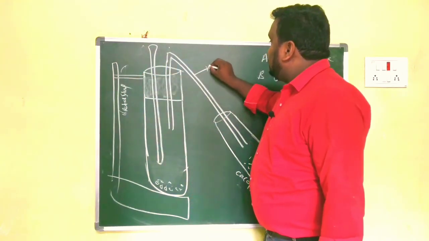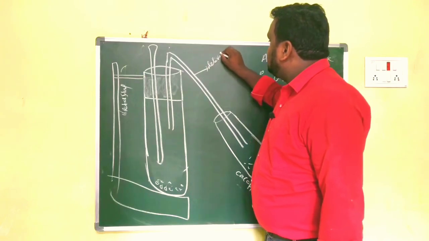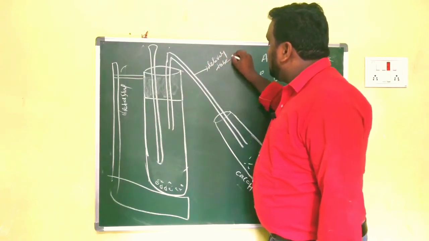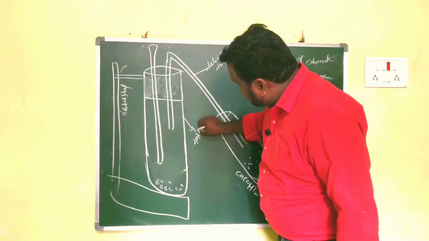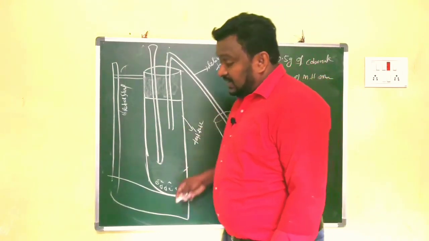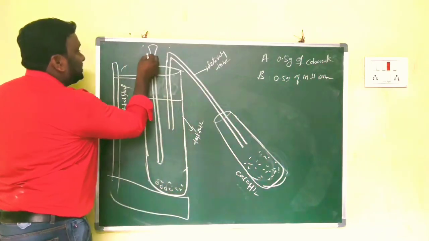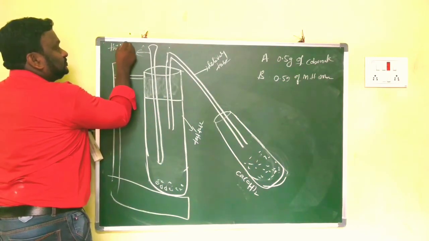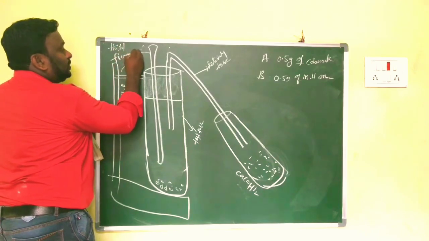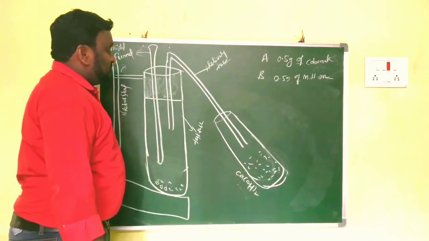This is the delivery tube, this is test tube A, and this is the thistle funnel.